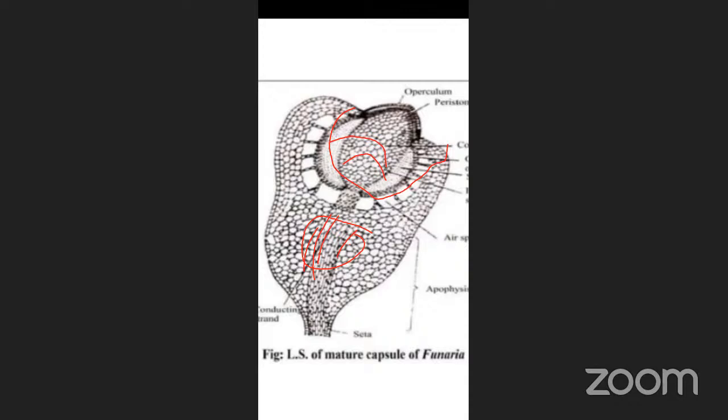Based on these evidences, from Riccia to Funaria, Riccia has a simple sporophyte. The Riccia sporophyte is a very simple structure compared to Funaria.